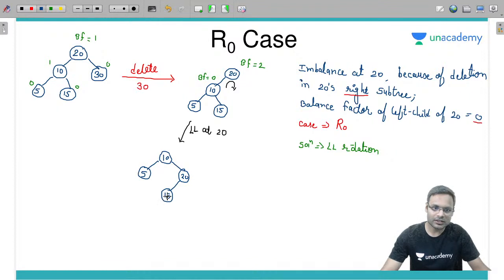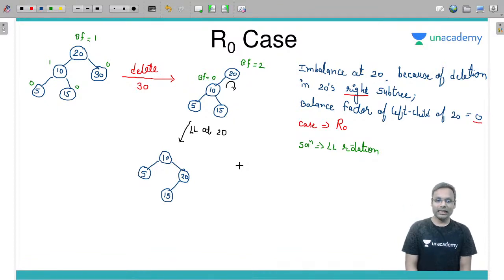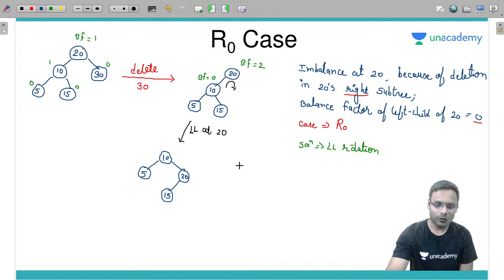This particular tree is now balanced. No problem at all. Just check out if you understood this method or not. अगर आपको method समझ में आई है तो let's go and let's check out the next particular case.